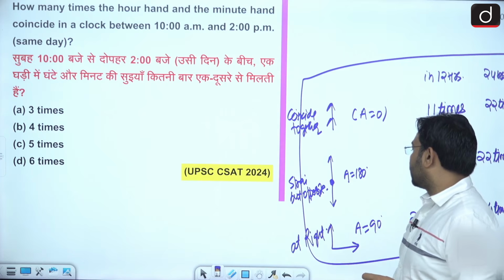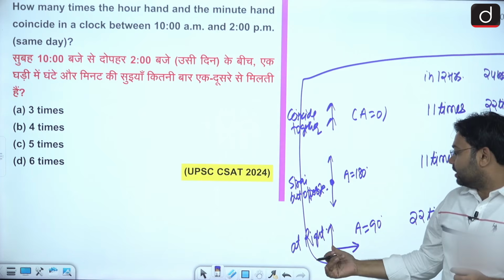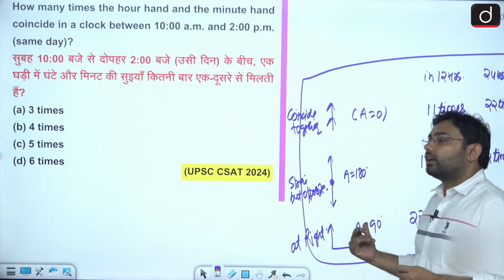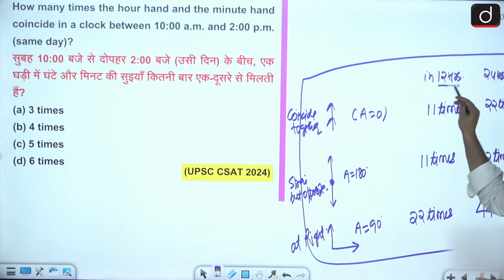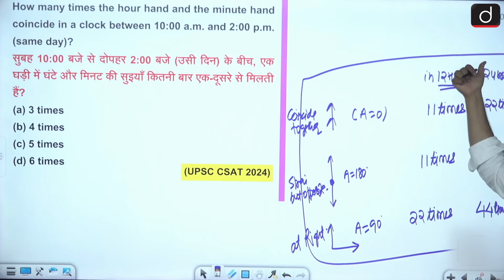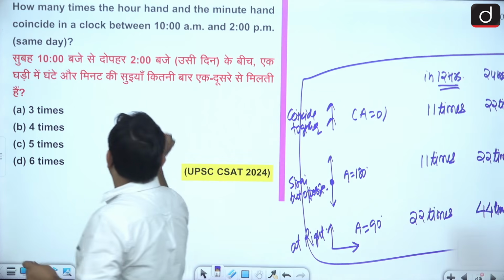When the two hands of a clock, that is minute hand and hour hand, are at right angle, or you can say at angle of 90 degree, this happens 22 times in 12 hours and 44 times in 24 hours.